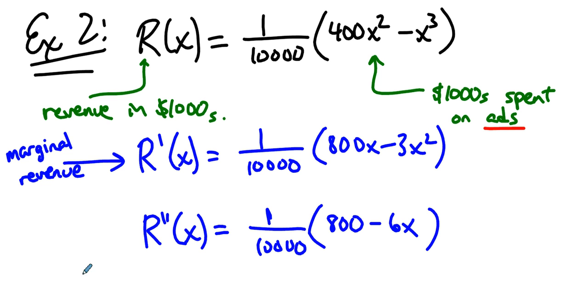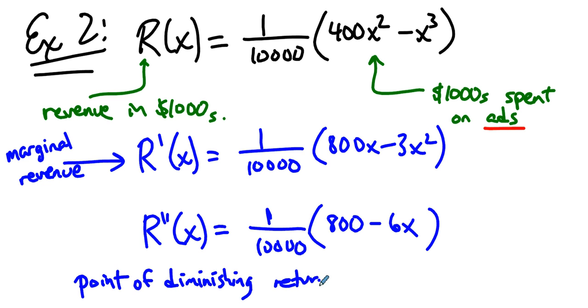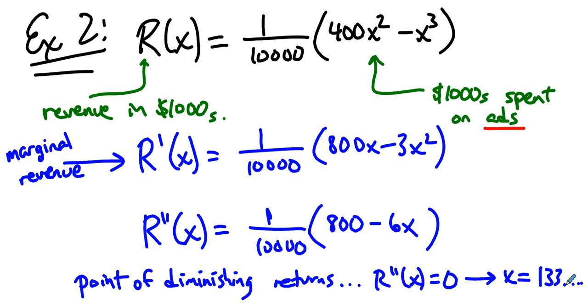And if we want to know the point of diminishing returns, we look for where R double prime is equal to 0. And that happens to be when X is 800 divided by 6, which is like 133-ish, right?